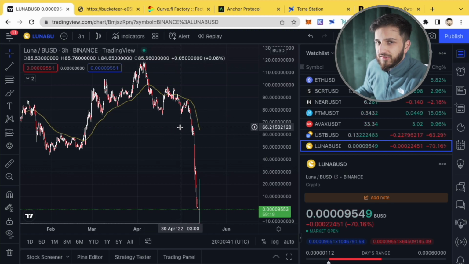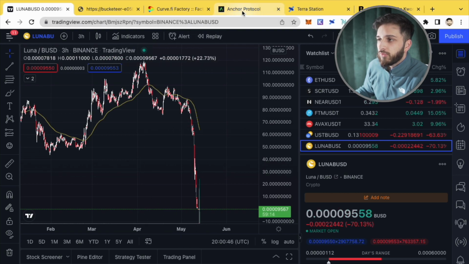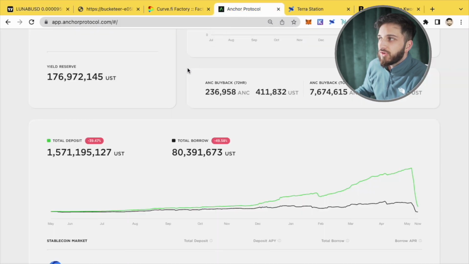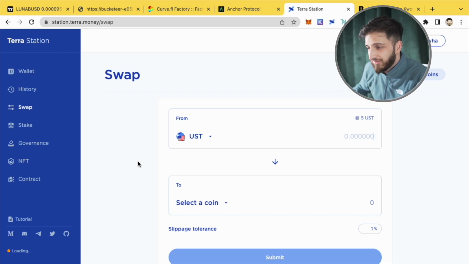That is kind of when things started to go wrong. Now, one of the reasons why it started to go wrong was because when you actually redeem on Terra Station to try and get your $1 worth of Luna, there's only a certain amount that could be done, after which it doesn't become profitable anymore because of slippage fees and I think various other transaction factors.